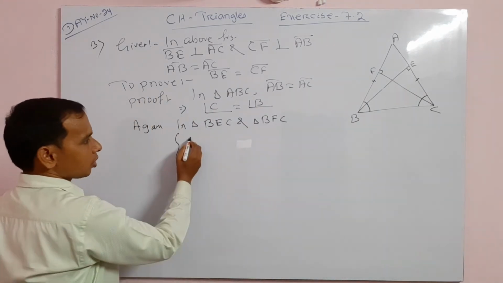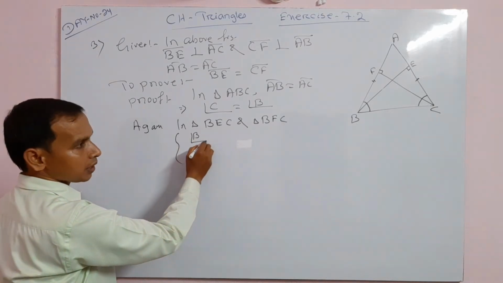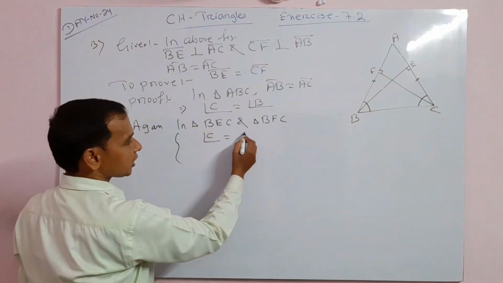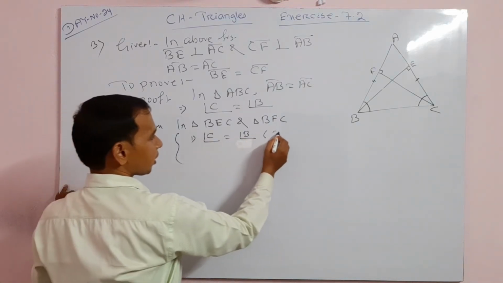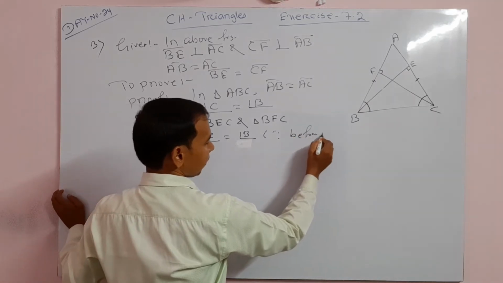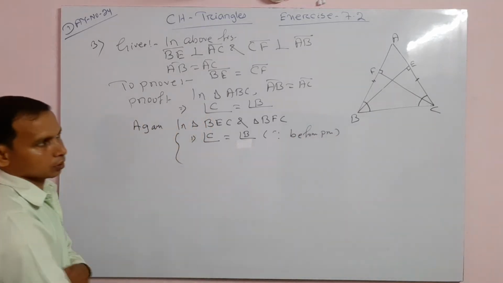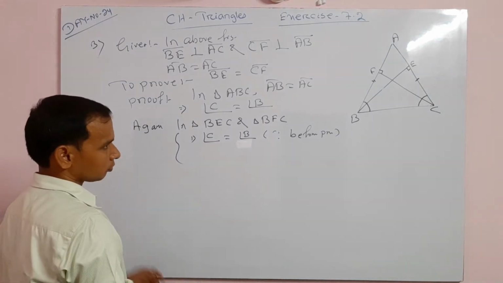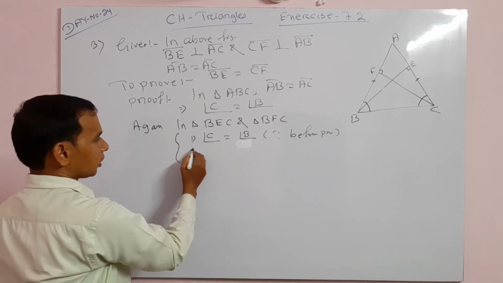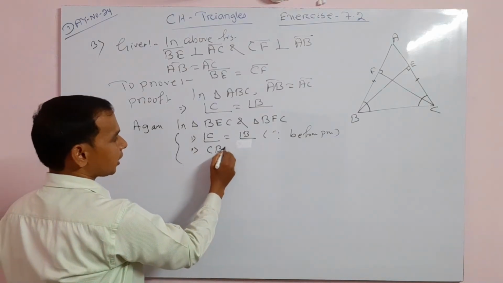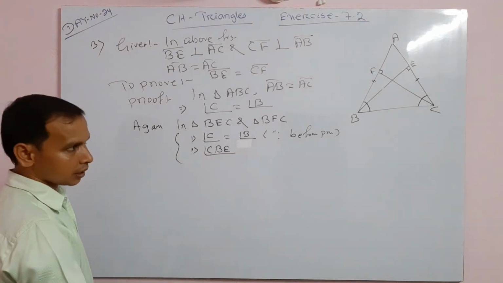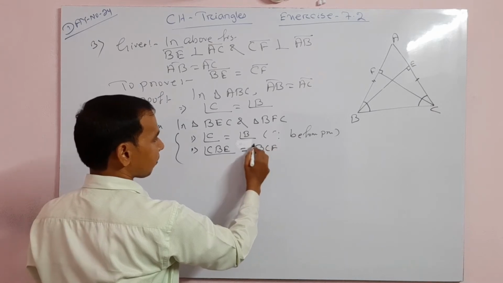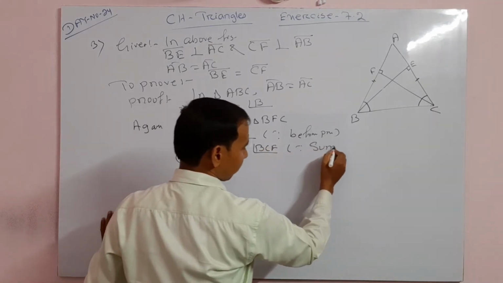First option here, in triangle BEC, first here C angle is equal with B angle because of the before proof. Okay. Then you write here, second option, CBE angle is equal with BCF angle because of angle sum property.